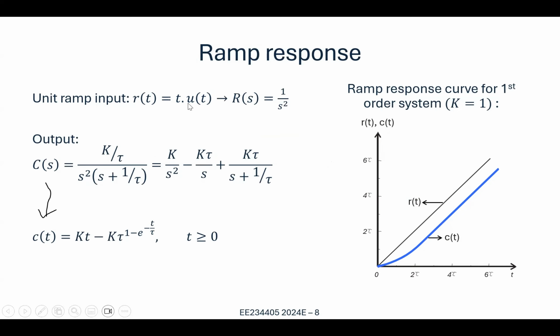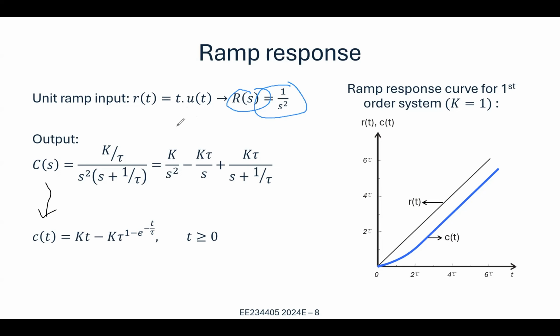We assume that we have an LTI system, and the frequency domain representation of the input is 1 per s squared. If you remember the Laplace transform, this is the Laplace transform of t times u(t).